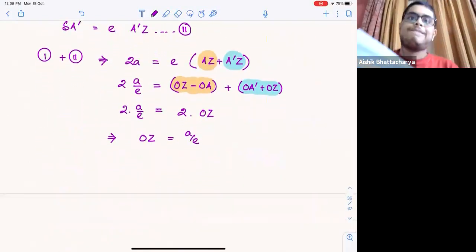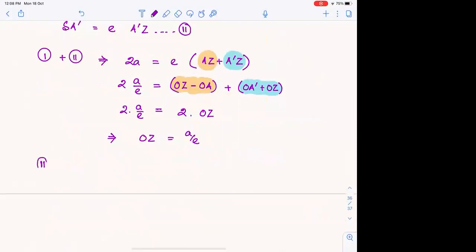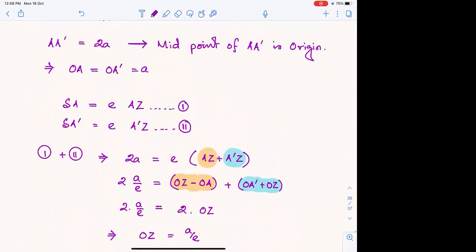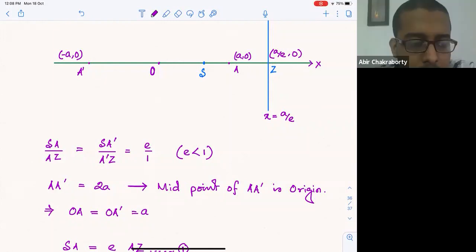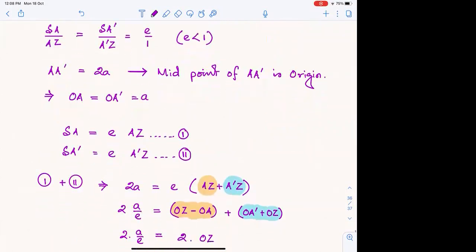Moreover, if I go for 2 minus 1, in that case we will get SA dash minus SA equals e times (A dash Z minus AZ). Now look into this diagram. From A dash Z, if I subtract AZ, what should we get? AA dash, that length is known to us.